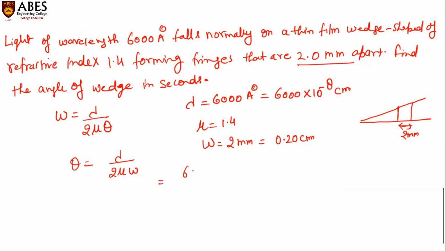That means 6000 into 10 to the power minus 8, upon 2 into mu, which is 1.4, into omega, which is 0.20.